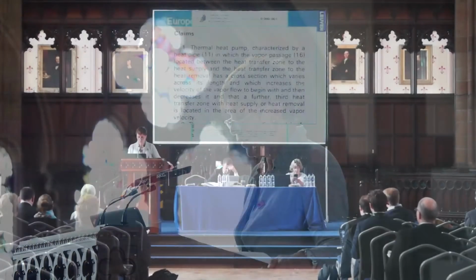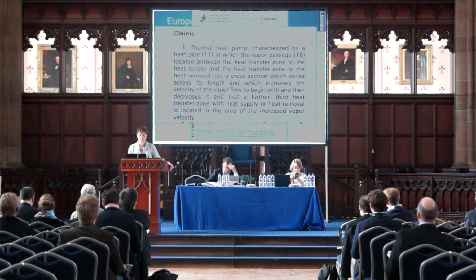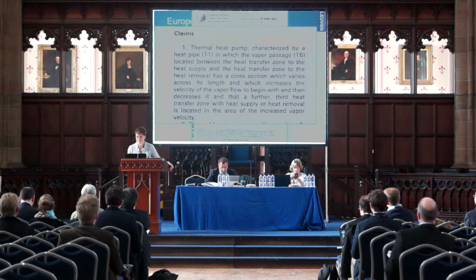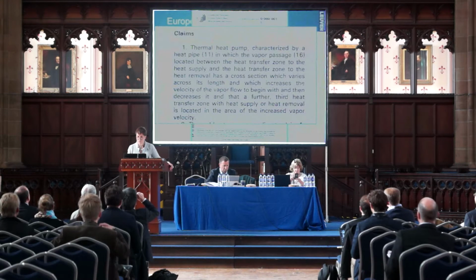So, as we all know, the European patent is a bit old, and here is the very first one, 0000001, and it was a patent on a heat pump. And it was a very nicely written claim, so in terms of disclosure, I think this would have been a fine example. So we know what the European patent is.